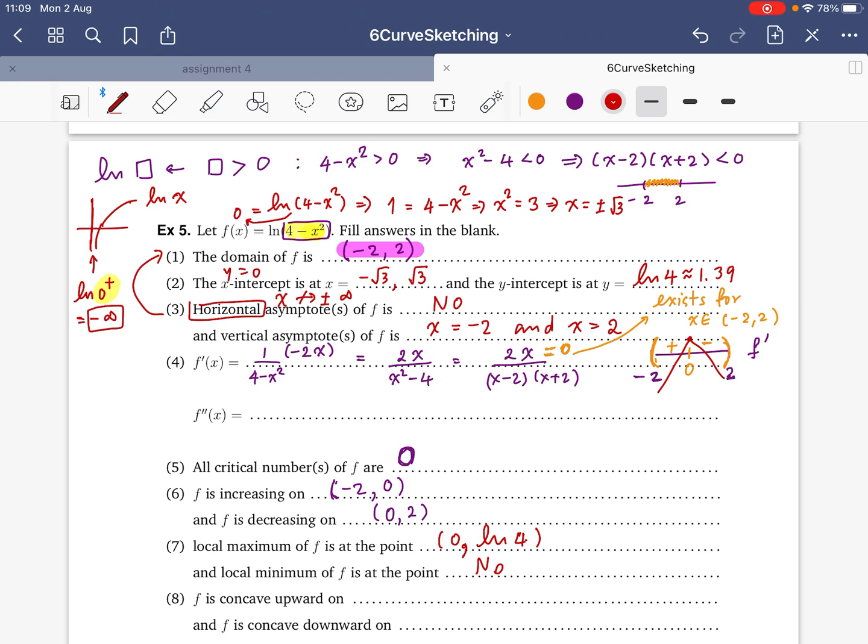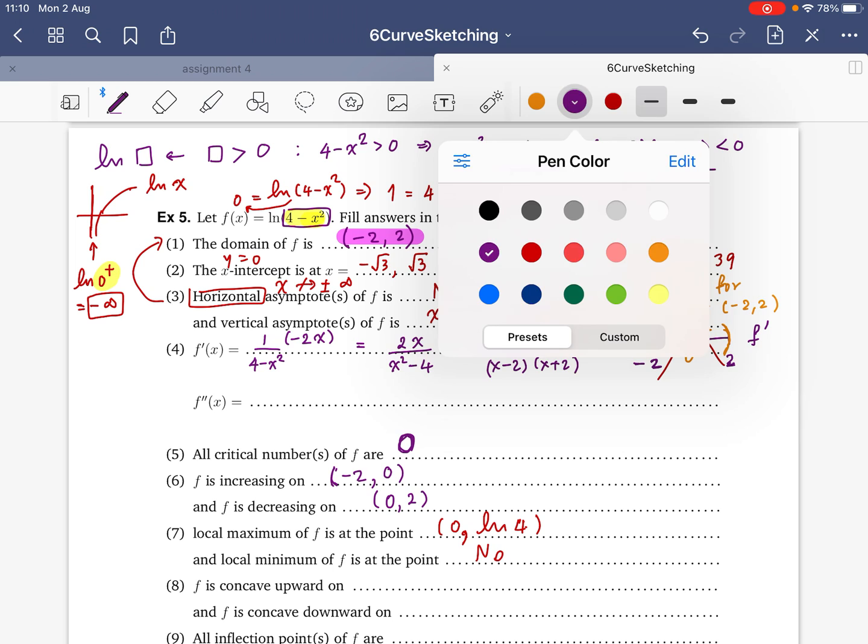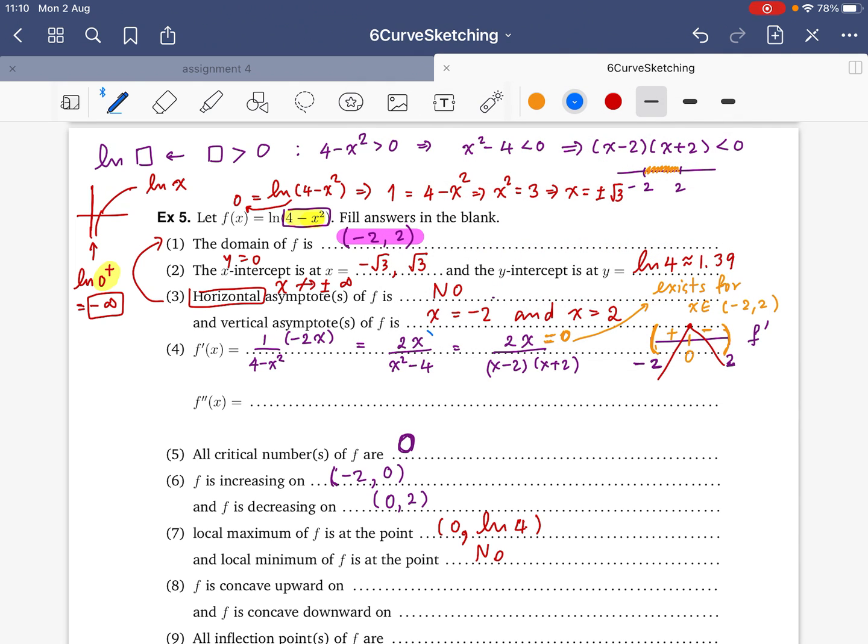All right. So how about your f double prime, so that we can consider the concavity? Let's see what we have. We can continue from here. This is your f prime, using the quotient rule. So it will be the bottom times the derivative of the top, minus the top, which is 2x, times the derivative of the bottom, over your bottom squared.